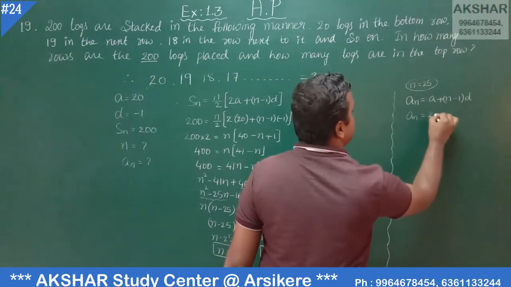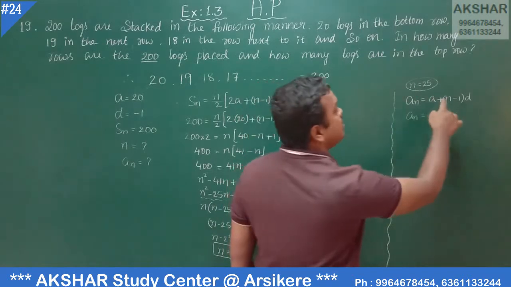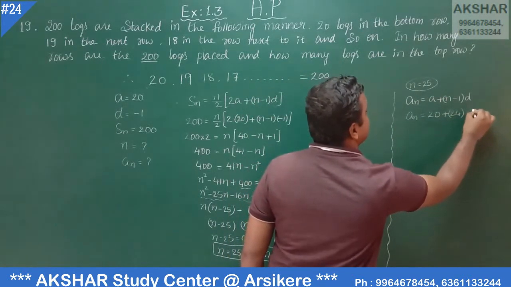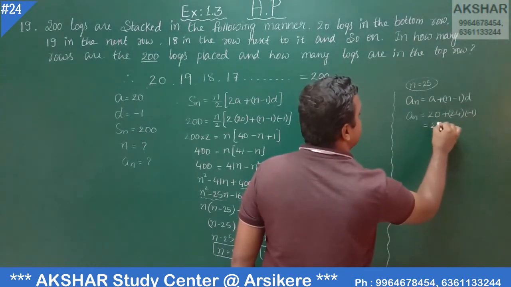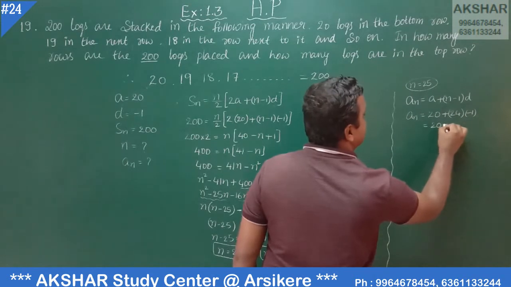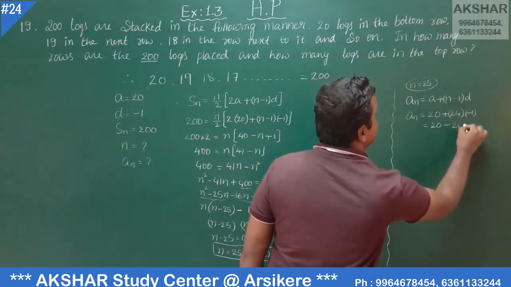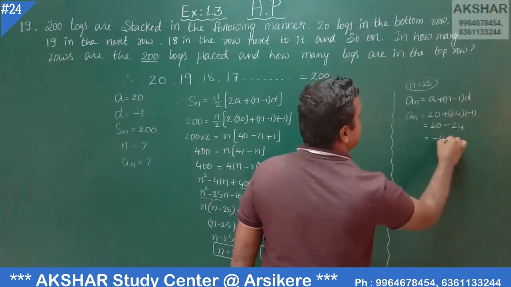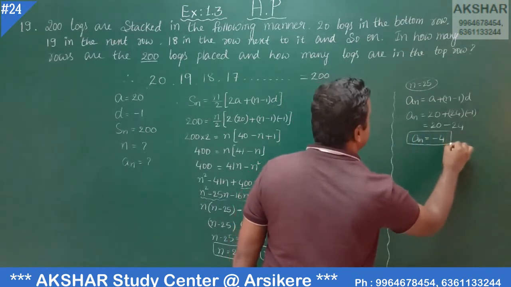A value is 20 plus the n value I have taken here, 25 minus 1 is 24, into the d value, how much? Minus 1. On simplification, 20 plus into minus is minus. Okay children, 24 ones are 24, which is equal to what's the answer? Minus 4. An is equal to minus 4.